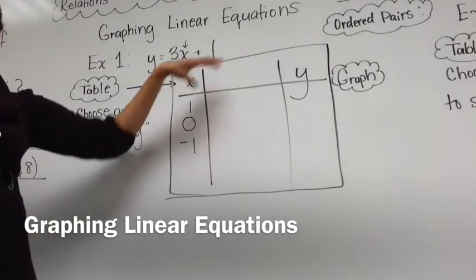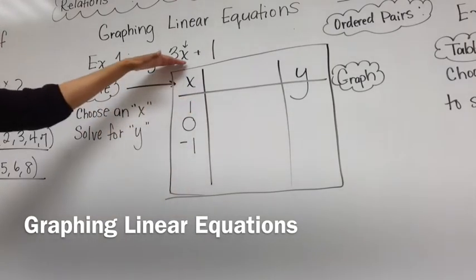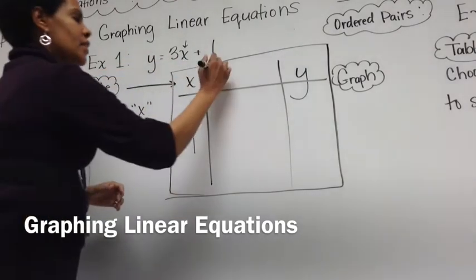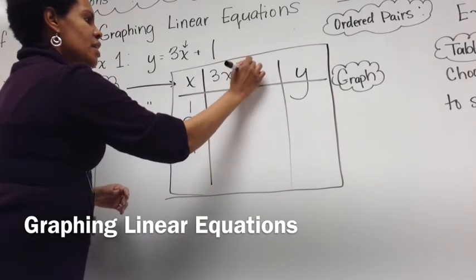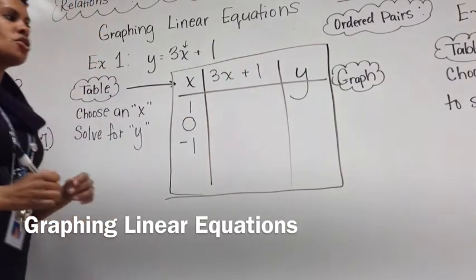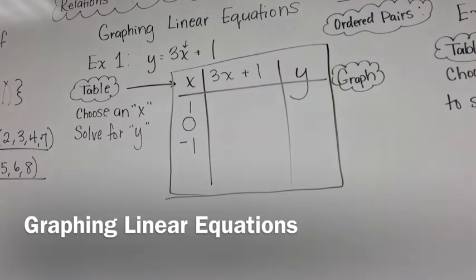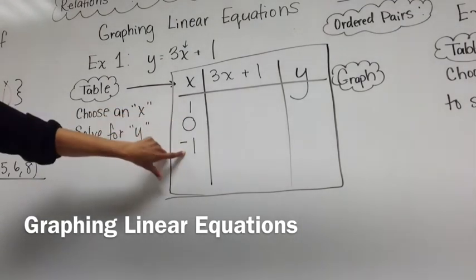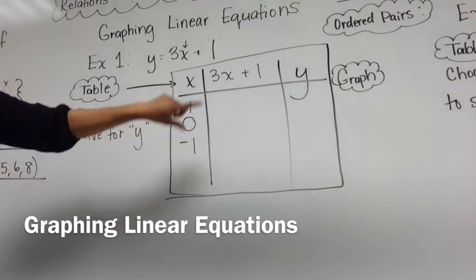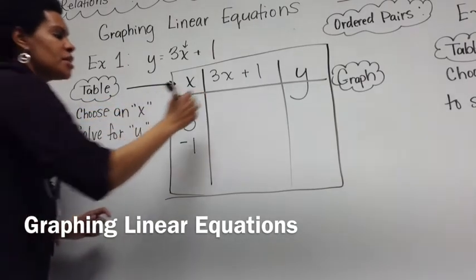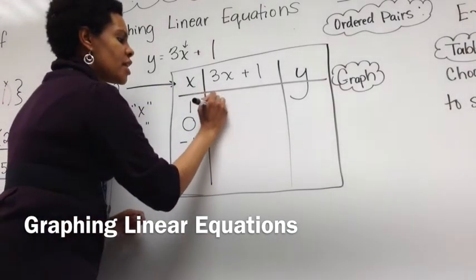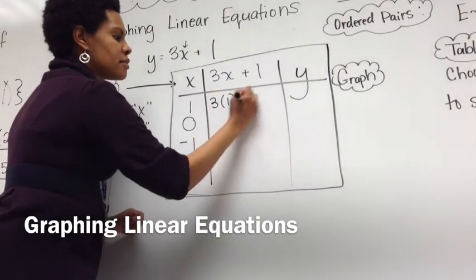So in this space, I'm going to take this equation, 3x plus 1, and I'm going to solve it 3 different times, plugging in these different values for x, and then solving for y. So the first time I'm going to plug in 1.